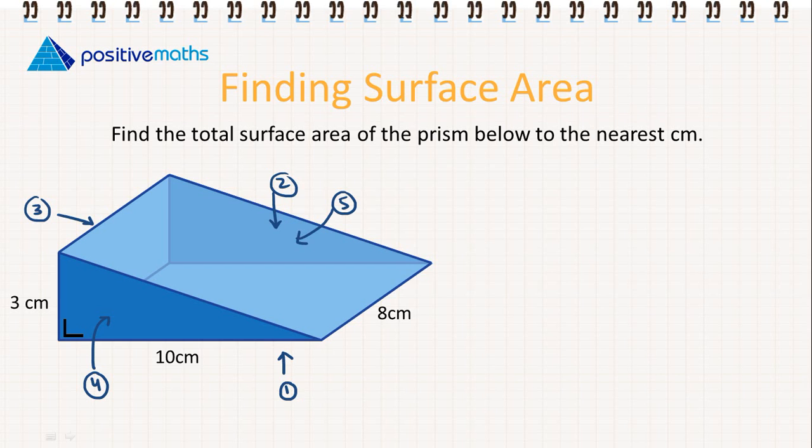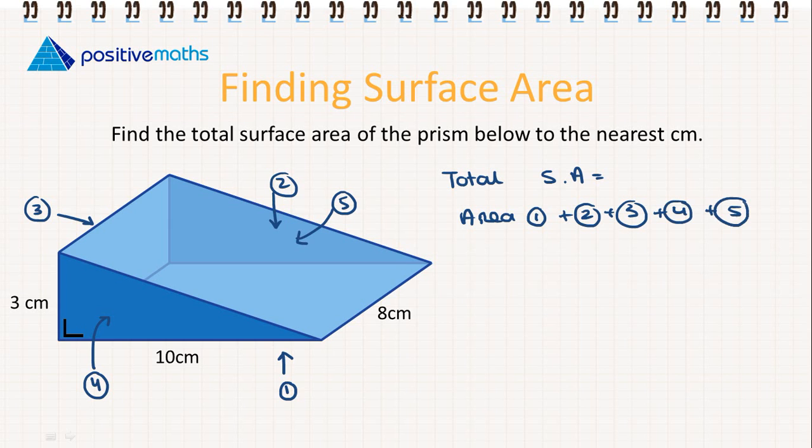Okay, so just so we don't leave out any of the sides, we have the top and the bottom, the 2 sides and the back. Okay, so our total surface area is going to be equal to the area of 1 plus 2 plus 3 plus 4 plus 5. So the area of all of those shapes.